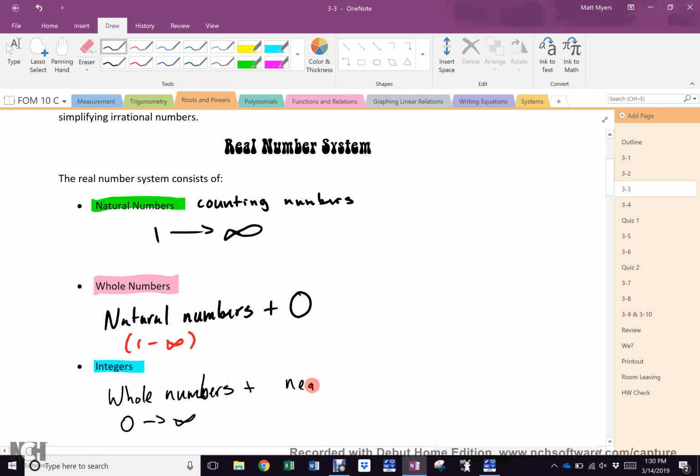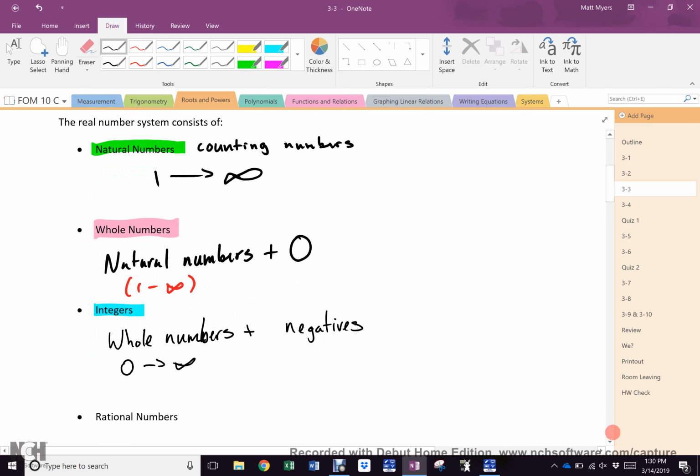The negatives. Which means this one goes from negative infinity all the way up to what? Positive infinity. Making it, even though they're all infinite, technically making it the biggest group of those three.